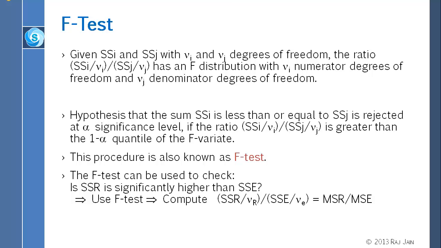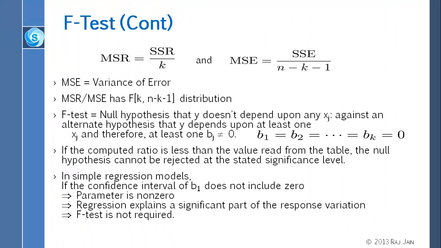The example will make it much clearer, but we will take several different ratios. First we take the sum of a square and divide by its degrees of freedom. We noticed that SSR had k degrees of freedom and SSE had n minus k minus 1 degrees of freedom.